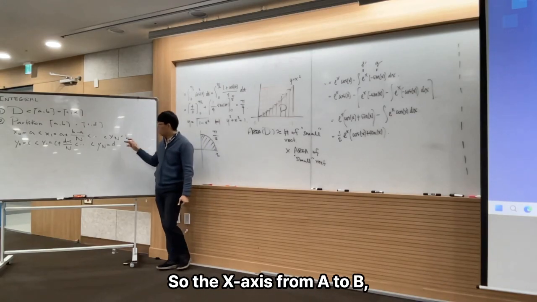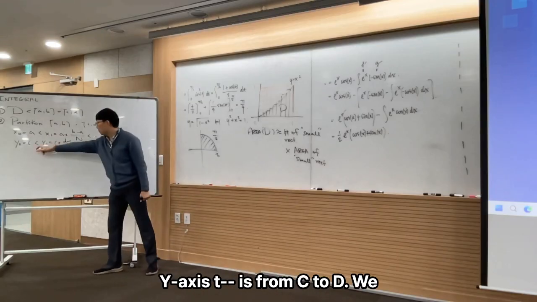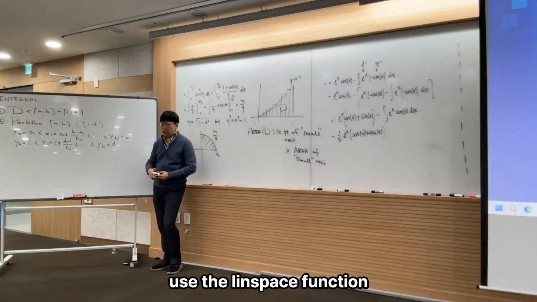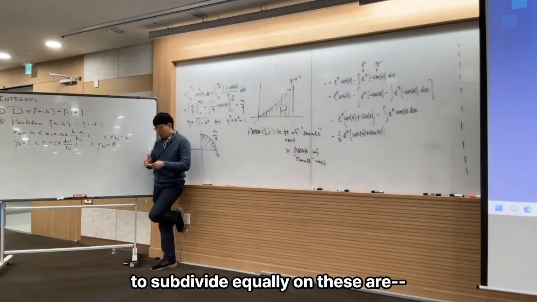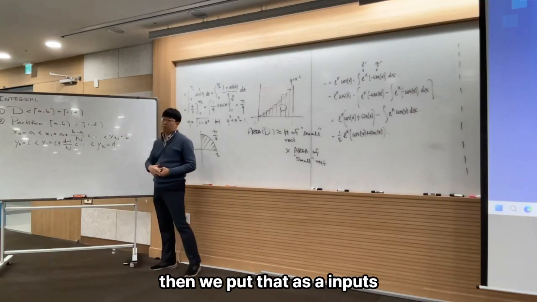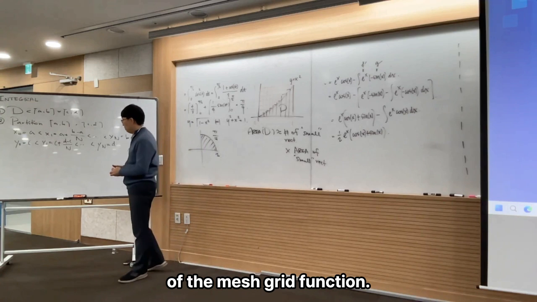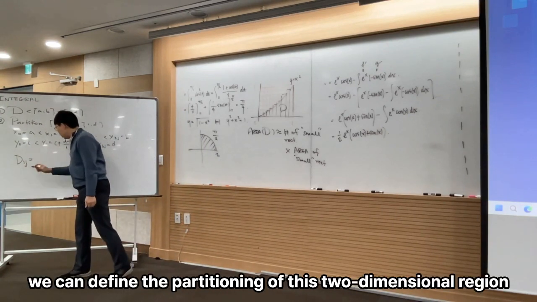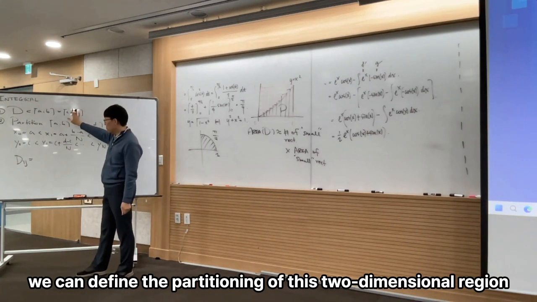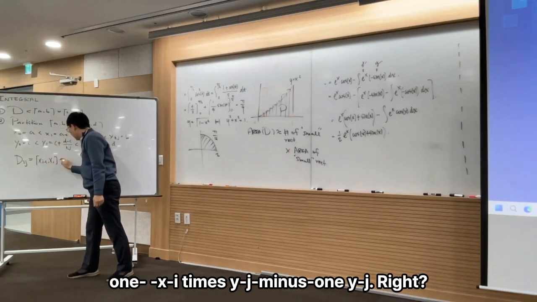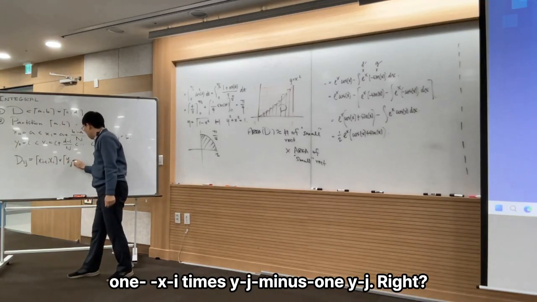So the x-axis is from A to B, the y-axis is from C to D. We use the linspace function to subdivide equally on these intervals, and then we put that as inputs of the meshgrid function. So once we have this, we can define the partitioning of this two-dimensional region as [x_{i-1}, x_i] times [y_{j-1}, y_j].